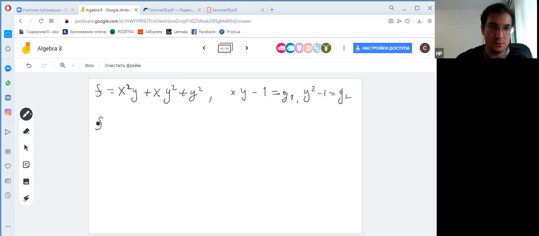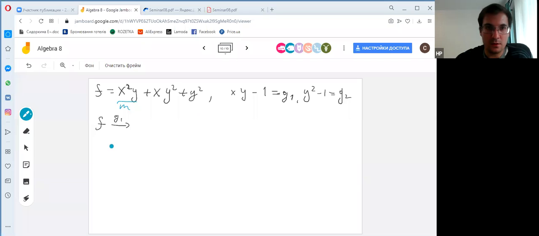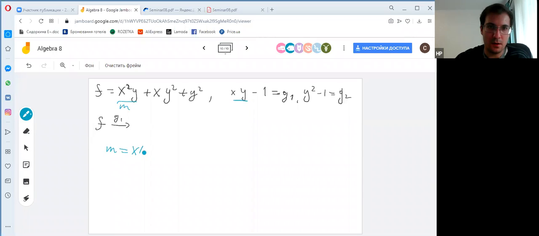Let us reduce F by G1 and take the first term as m. This term is M, and we say that M is equal to what? The leading term of G1 is XY, yes? For sure. Okay, this is X multiplied by XY.